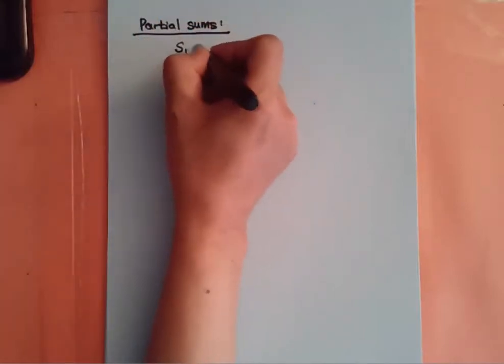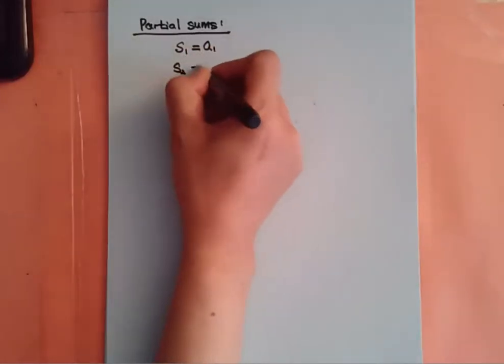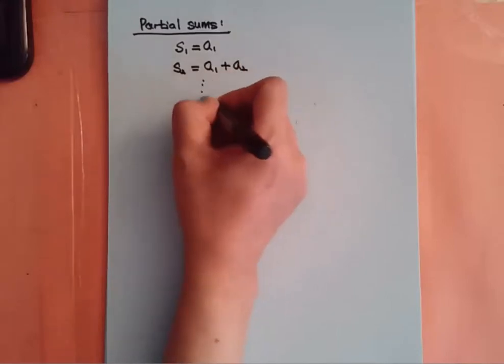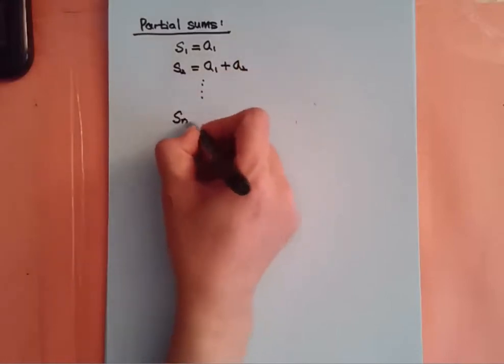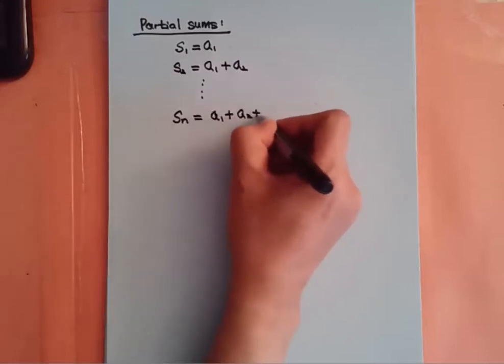So the first partial sum S1 is a1, and the second partial sum is a1 plus a2. And the nth partial sum is about adding the first n terms.